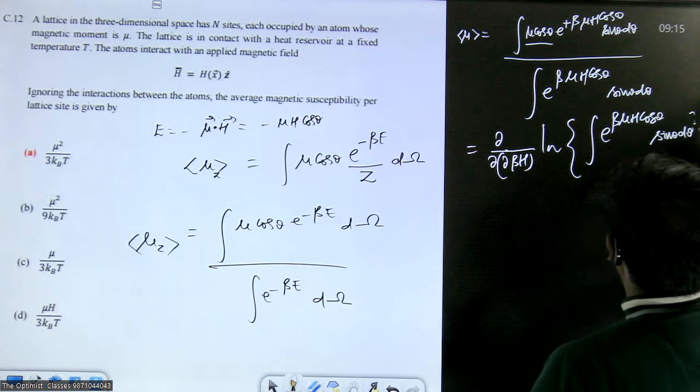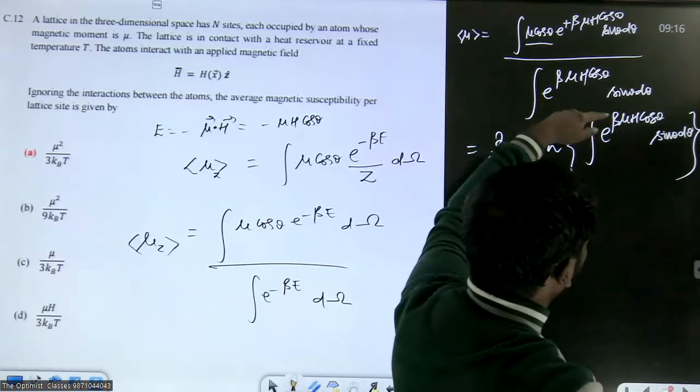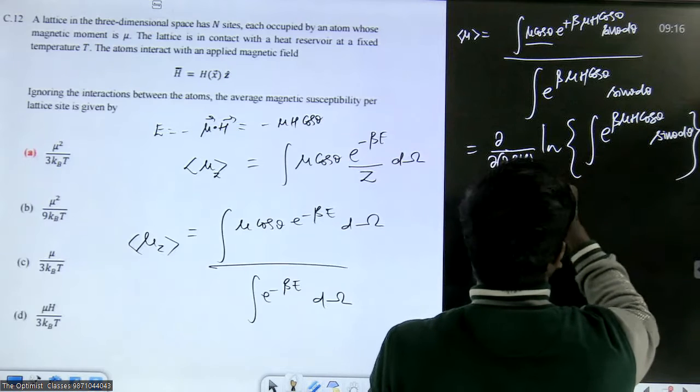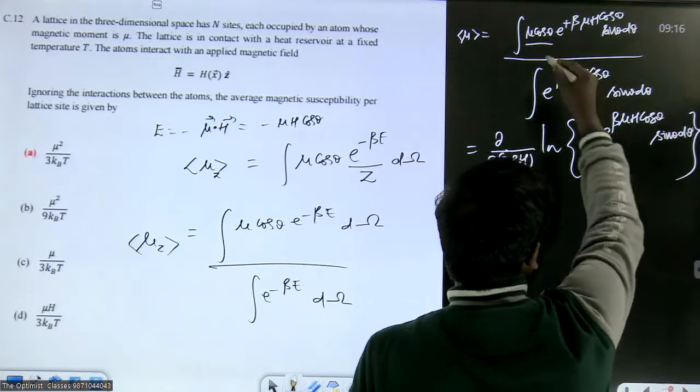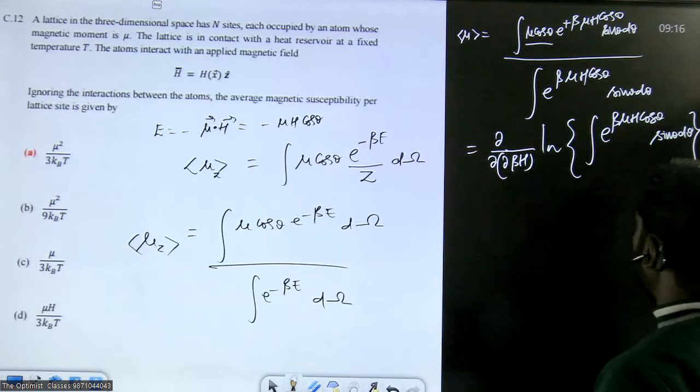When you differentiate, ln will give you this term first, and since we are differentiating with respect to beta and H, its coefficient will come out here. So that's what we are getting.